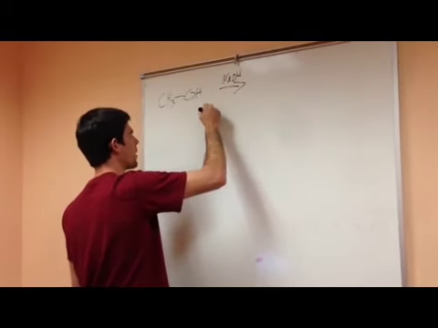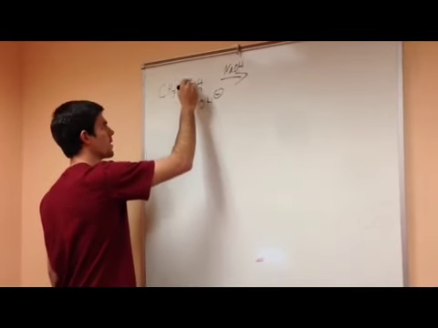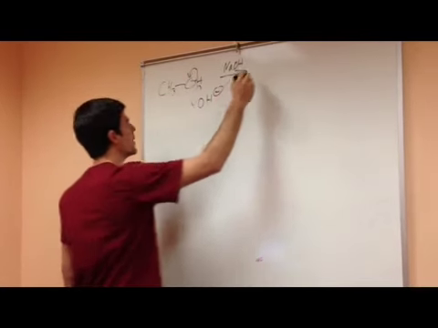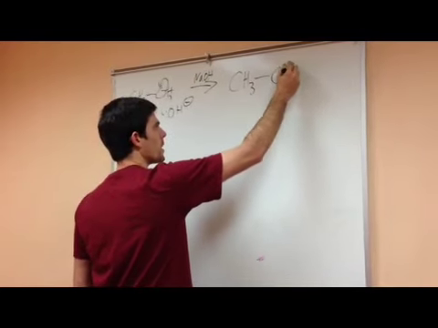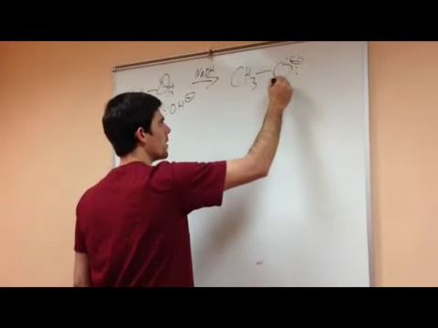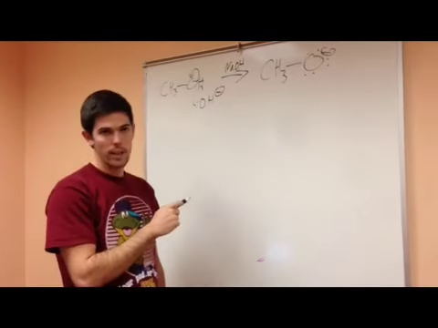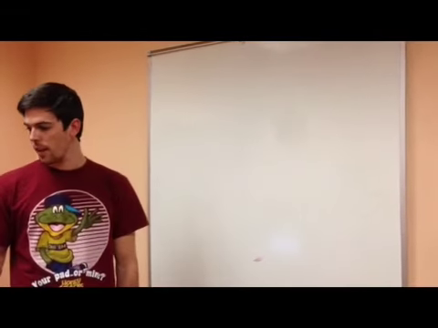We have the OH minus right there, the lone pair. We'll take this H, and these electrons will go back to the O, which would create CH3 and O minus. So this is the methoxide ion that is going to break our ester chain. Alright, so now we have our methoxide.